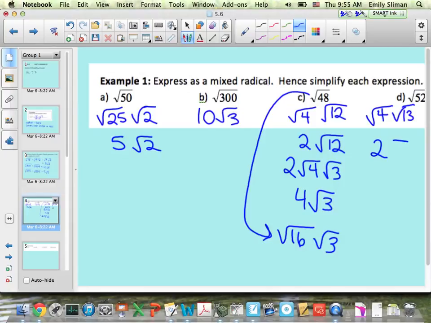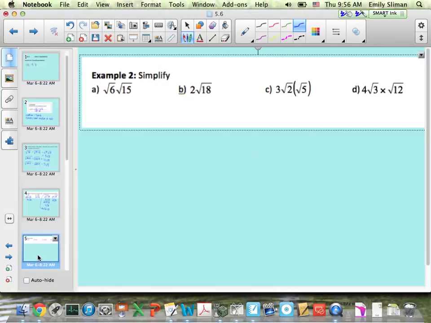So 2 root 13, I know 13 is a prime number, for sure it's not a perfect square. No? Keep going. Yeah, we're on the other side.